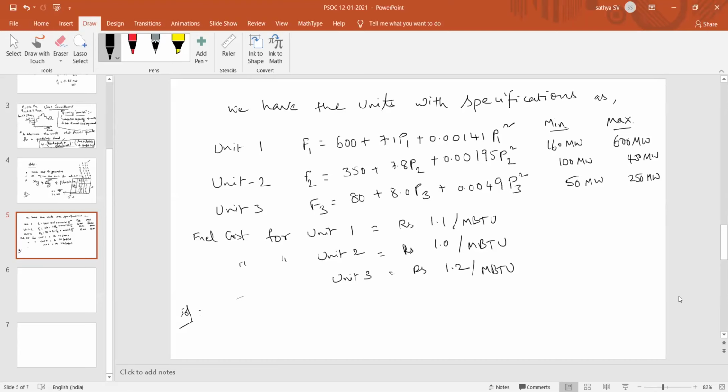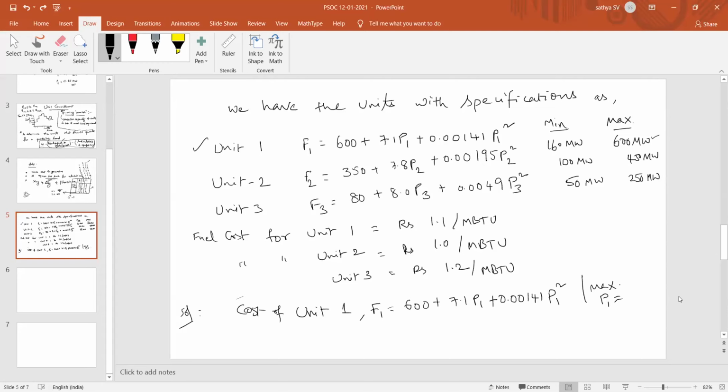Here I will do unit 1; the remaining unit 2 and unit 3 you can try. So note down the cost of unit 1, that is F1 = 600 + 7.1 P1 + 0.00141 P1 square. Here we need to substitute the maximum megawatt for P1.